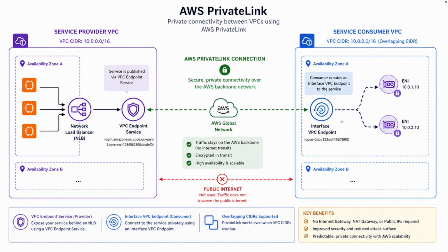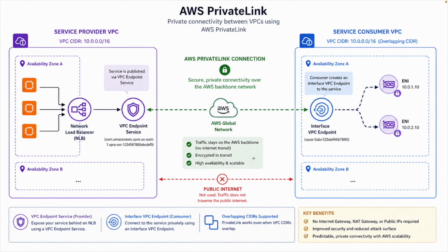And then AWS creates a private DNS name for the interface endpoint. When our consumer application performs a DNS lookup, it resolves to the private IP address of the endpoint inside its own VPC. So the application has no idea the actual service is hosted somewhere else. It thinks it's hosted in its own VPC.